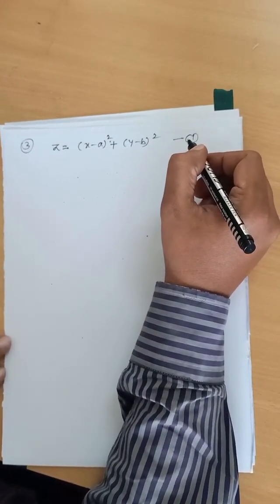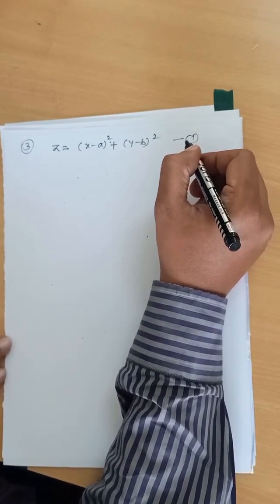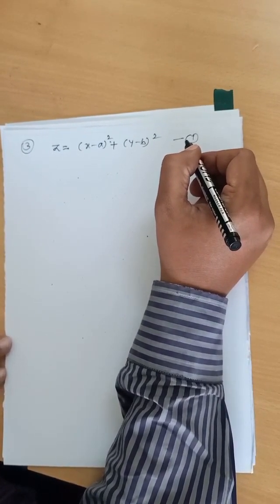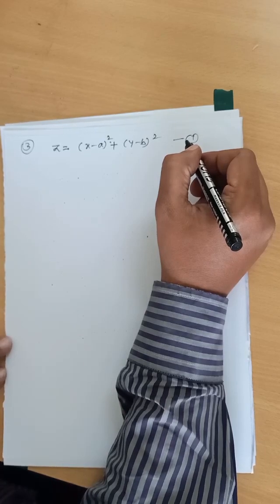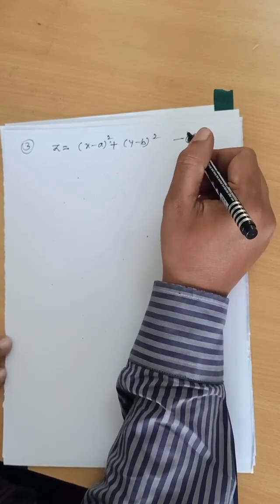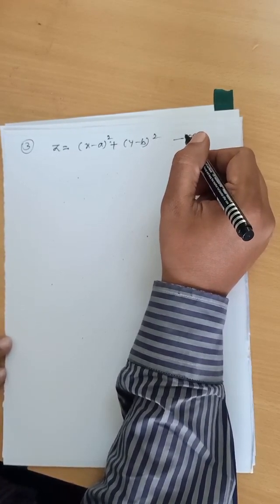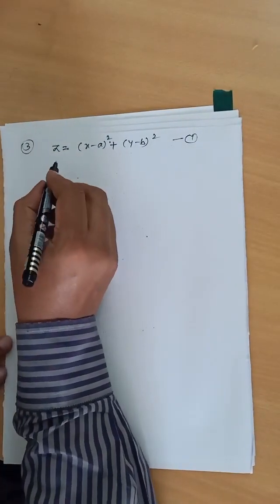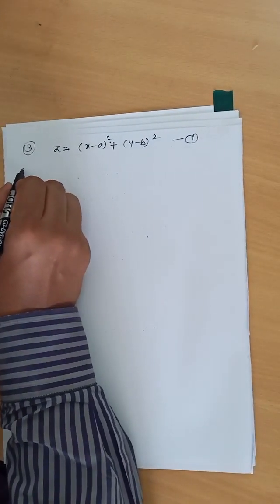I already told you, in every problem you first use p, next q. If it is possible to construct the PDE using p and q, you can construct. If it is not possible, you go for r, s, t. Solution.